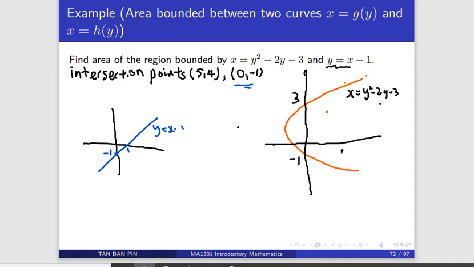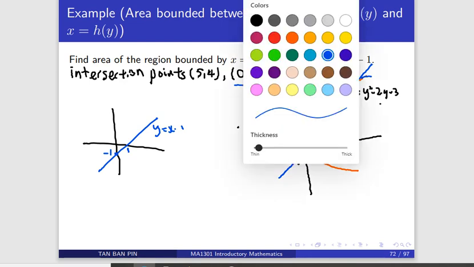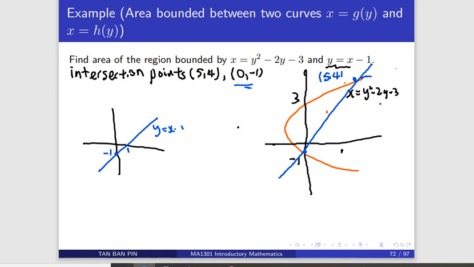So the line y equal to x minus 1, when you draw it in, should look like this. And then this point here should be (5, 4), which means if you go down to the y-axis, here should be 4.